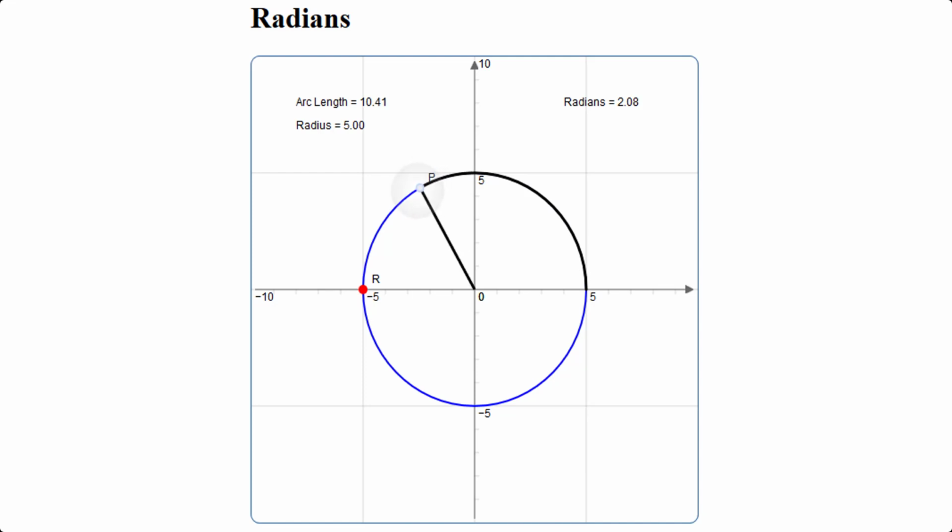3 radians, you might think that 3 radians would be back to the x-axis. But my arc length in this case would need to be 15, or as close to 15 as I can get it. And then the radians is 3. It's not quite back to the negative part of the x-axis. In fact, it turns out that when you get back to the negative part of the x-axis, your radians is equal to 3.14.